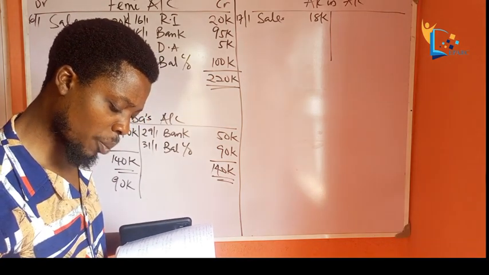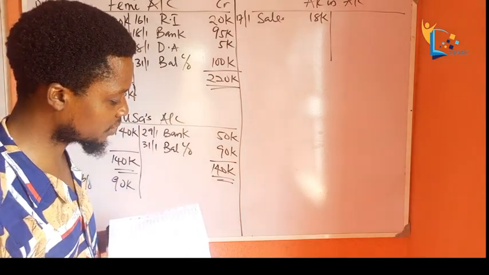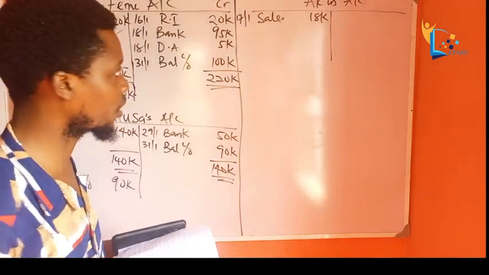Okay, sold goods, normal selling price 20,000 to Akin, giving trade discount of 10%. So 10% is 2,000, then the balance is 18,000, okay?